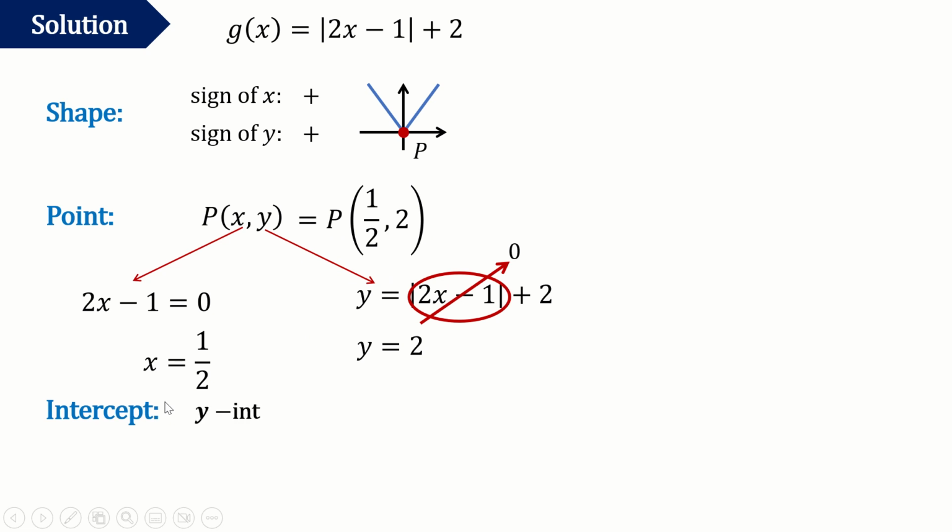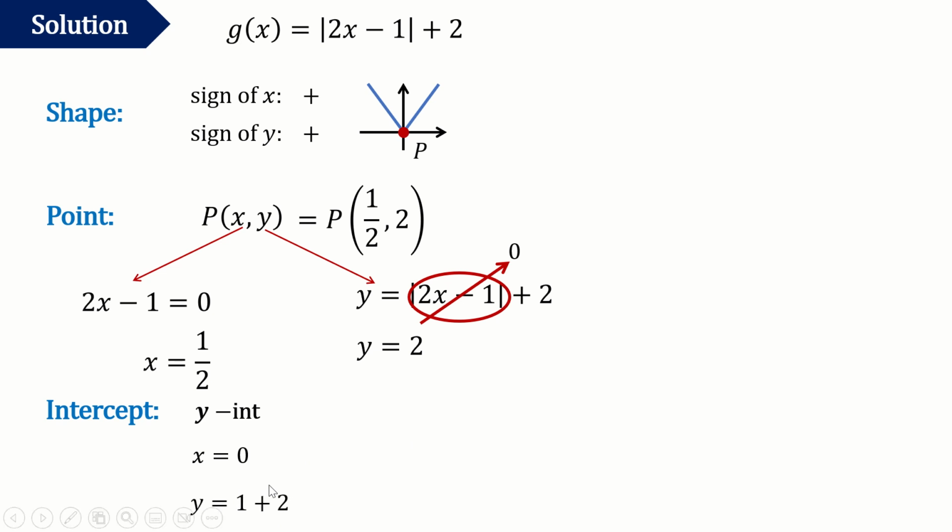Then we can find the intercepts. For the y-intercept, this is when x equals 0. So when x equals 0, y equals the absolute value of 2 times 0 minus 1, plus 2. So 2 times 0 is 0, and 0 minus 1 is negative 1. The modulus of negative 1 is 1.